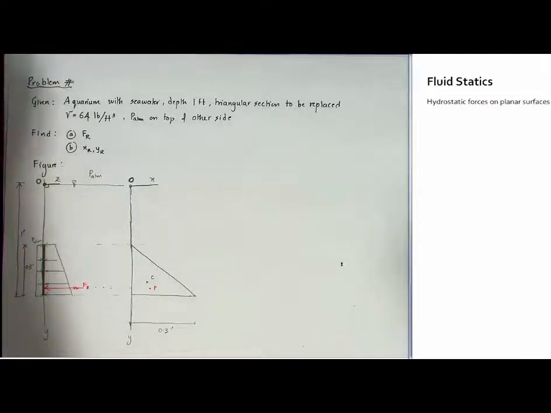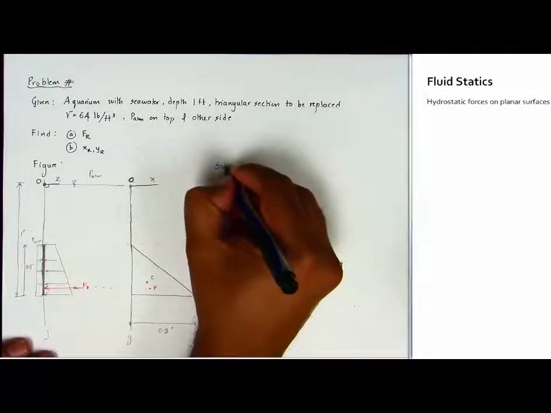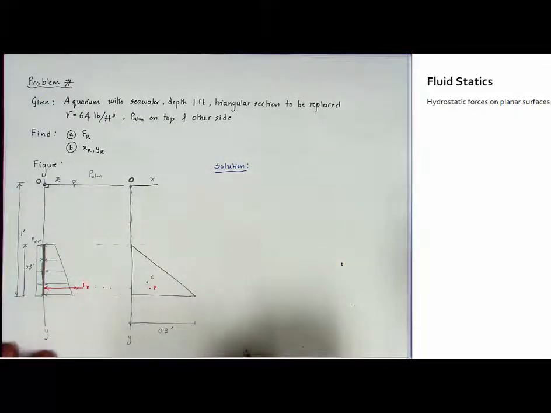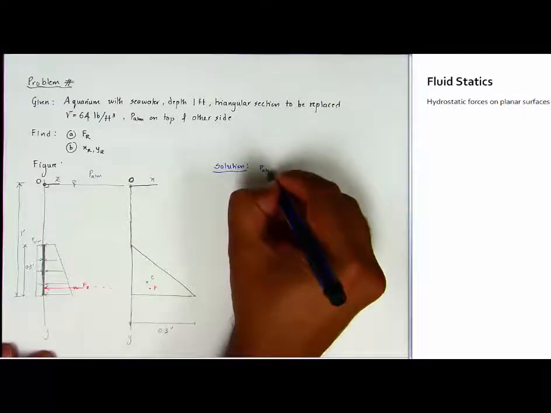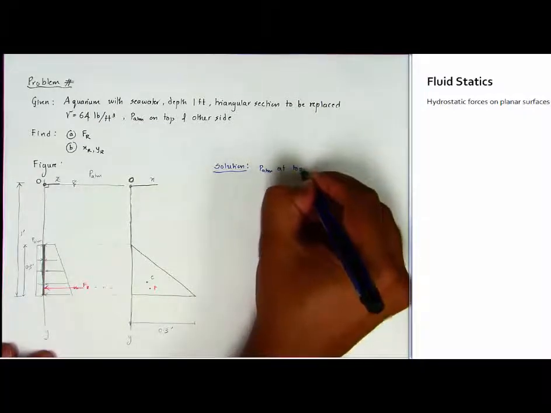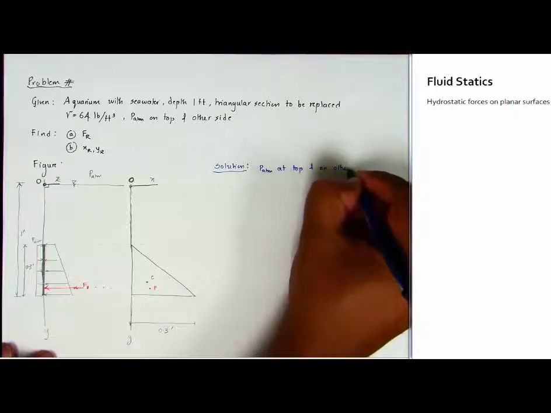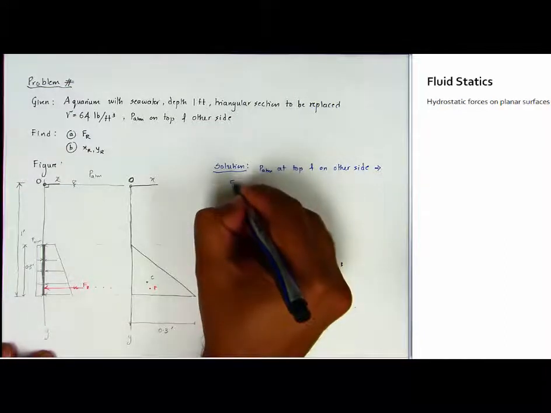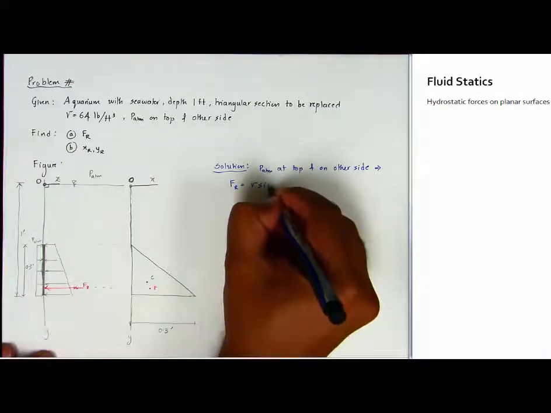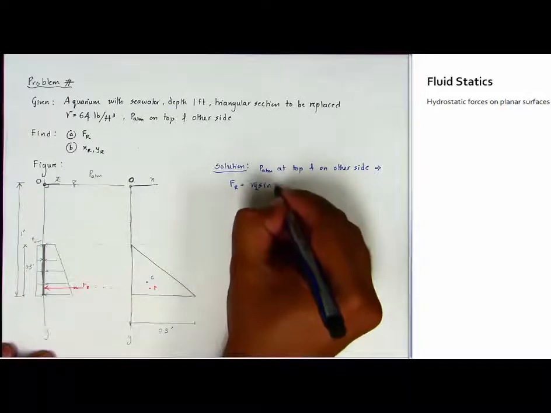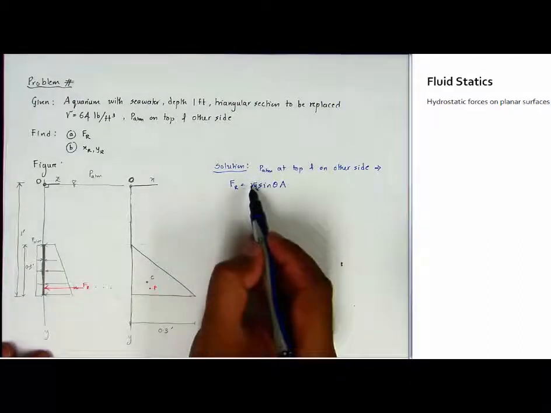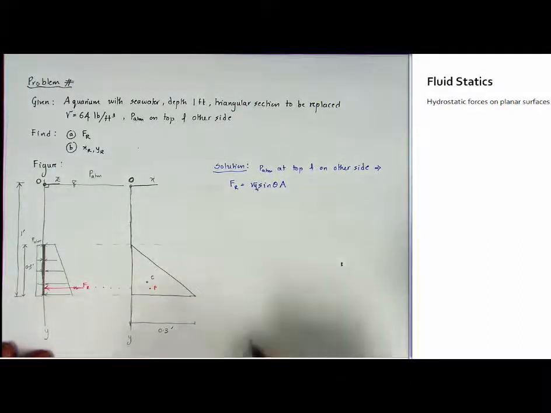Now we can go ahead and apply our equations. There is P atmosphere at the top and on the other side, this means that F_R is equal to just gamma y_c sine theta times A. We know gamma, and y_c is the y coordinate of the centroid.